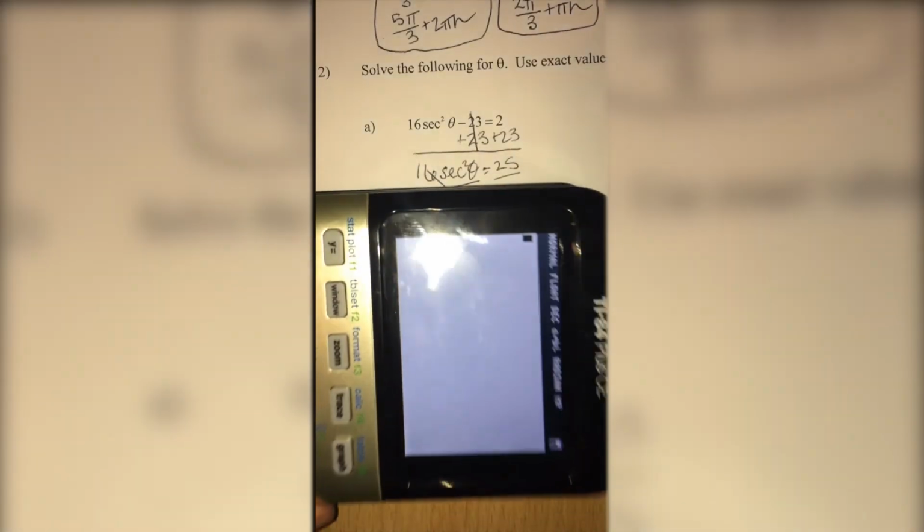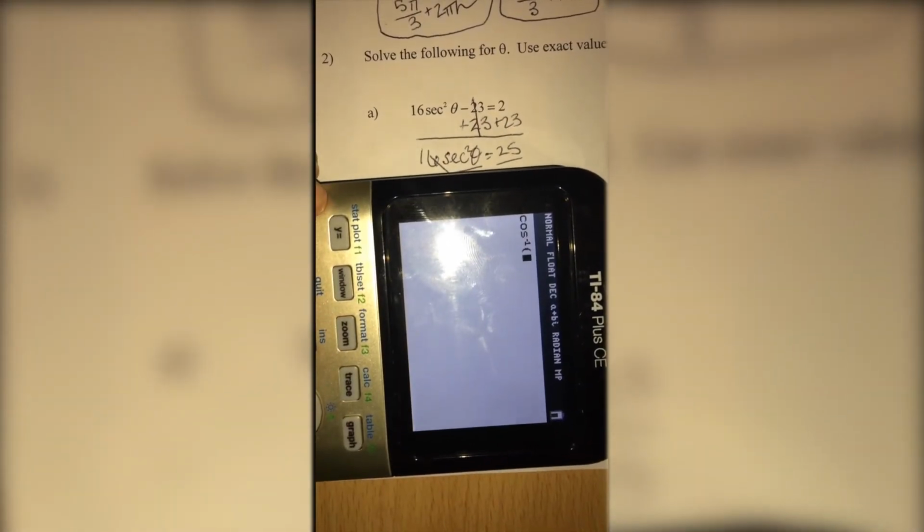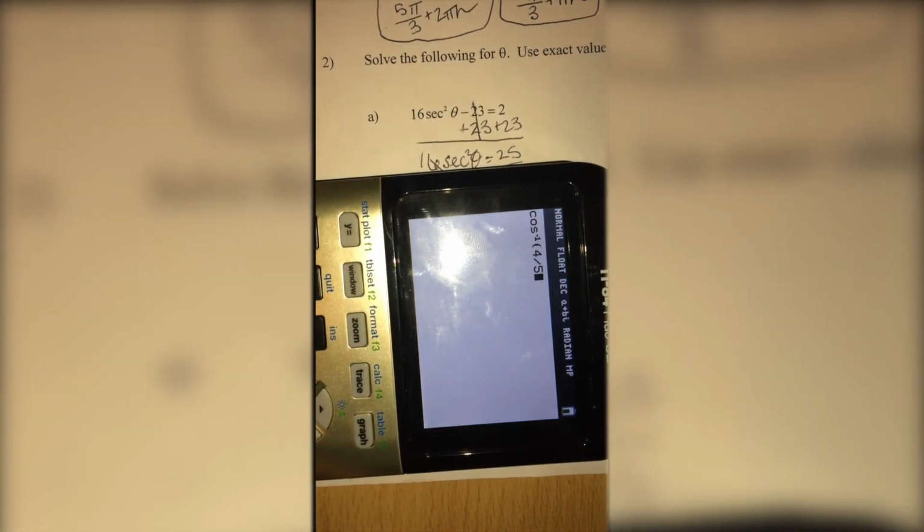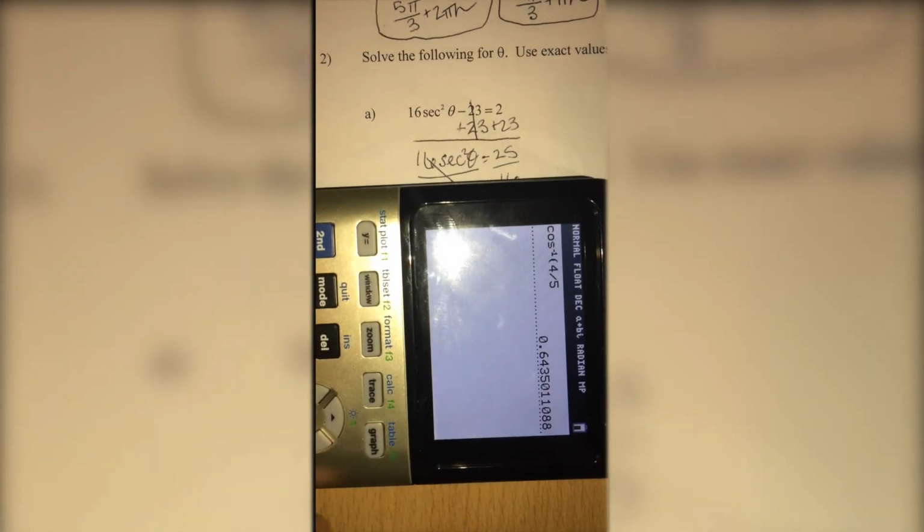Now, you need to enter your inverse cosine into your calculator. Now, store that number.